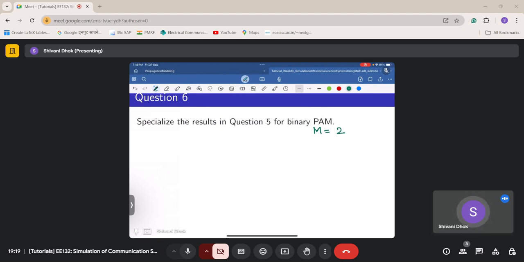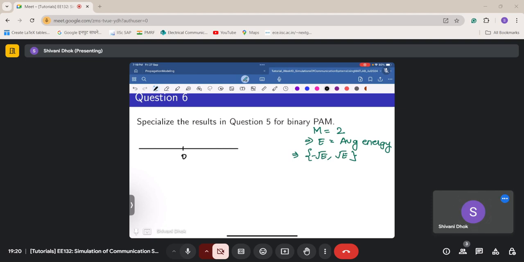Binary means M equal to 2, which means, let's say E is the average energy, which means the constellation is minus root E and root E. So the constellation looks something like this. Okay, these are the two constellation points that we will be transmitting.